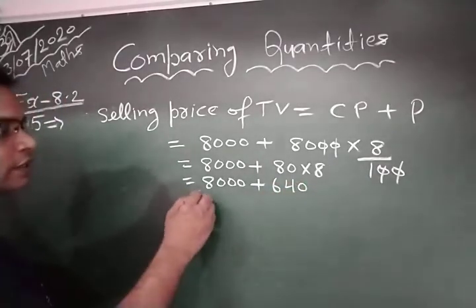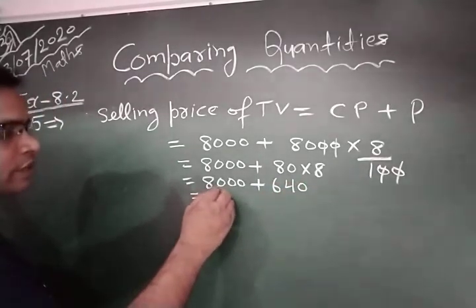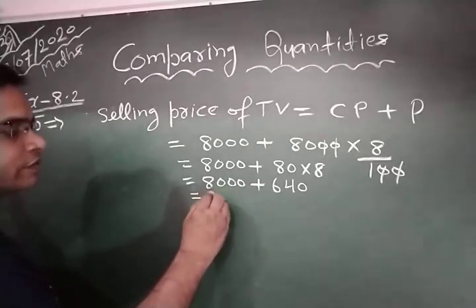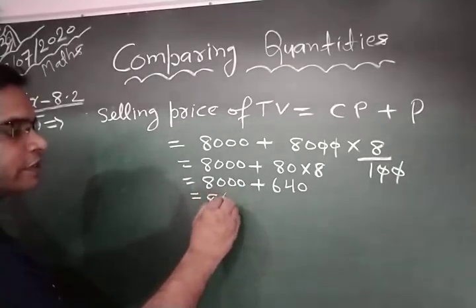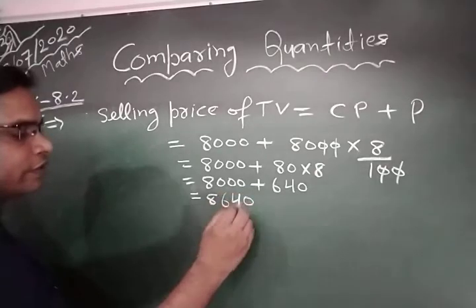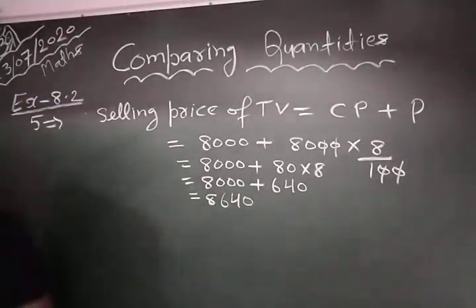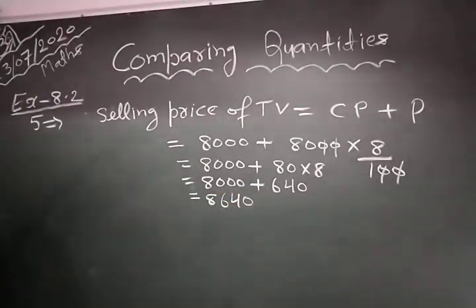Add this: 8,000 plus 640. This is the selling price of the TV.